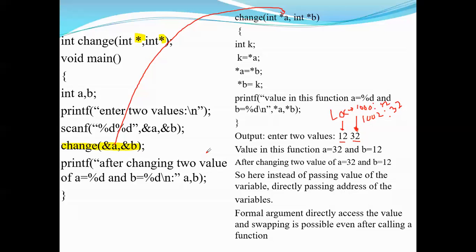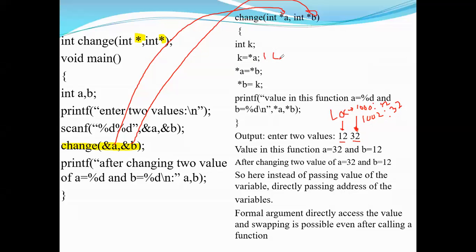Here you are passing the address of a, that is 1000, to the star, which indicates a pointer pointing to the address. It is pointing to 1000, and here also you are copying an address, that is 1002. Here int k, we are copying that pointer, pointing to the address 1000.